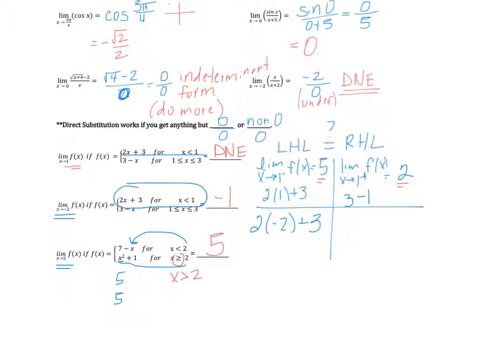Well, I hope you said the answer was still 5. Because remember with limits, I'm not asking if the function is continuous at 2, I'm asking does the limit exist? And even if that was a greater than, my limit from the left would be 5, the limit from the right would be 5, thus the overall limit is equal to 5.